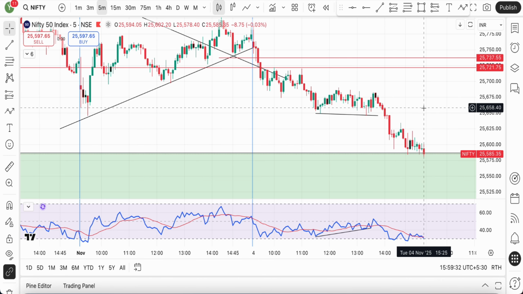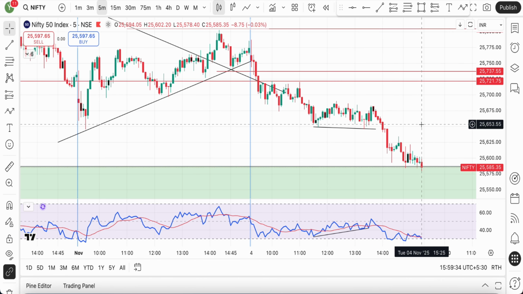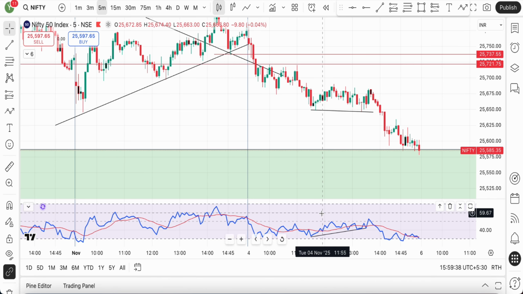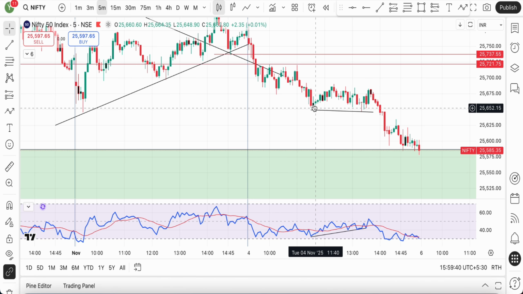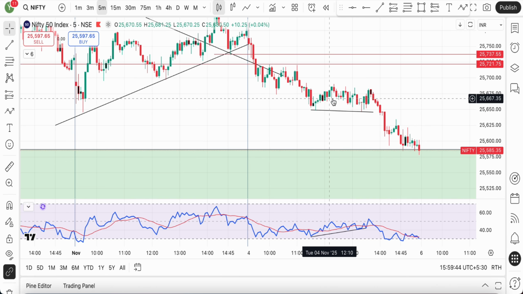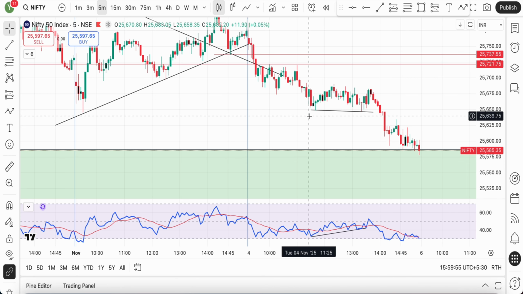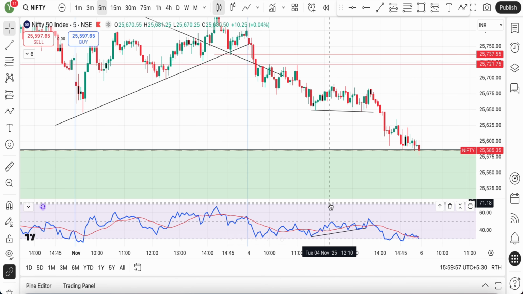There is also a concept of RSI cool off. So what happened around here is RSI cool off and not an RSI divergence. Now, what I mean by that is, in RSI cool off, the market goes into a sideways zone, and RSI creates higher highs and higher lows, which gives you the impression that RSI is giving you a divergence.